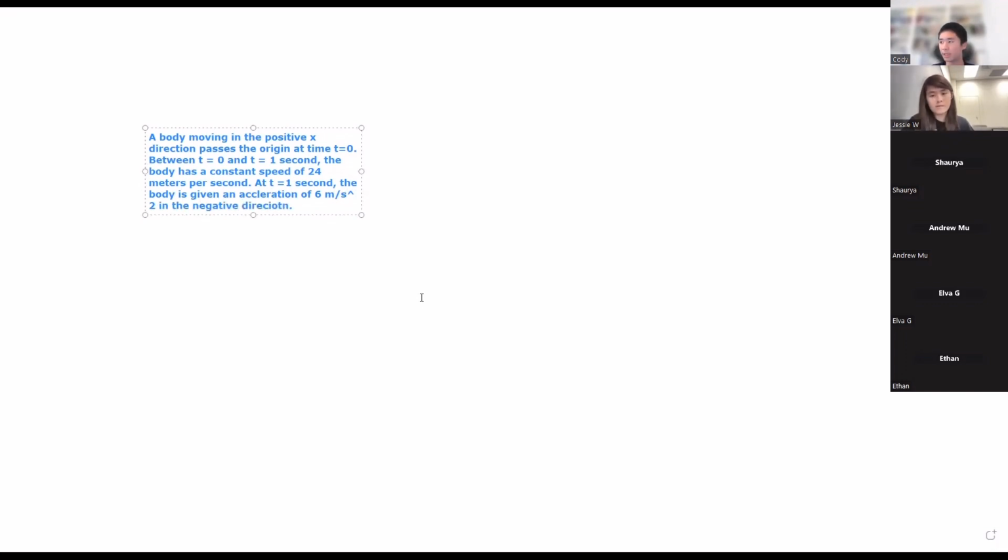We want to find the position x of the body at t equals 11 seconds. Can y'all see the question?